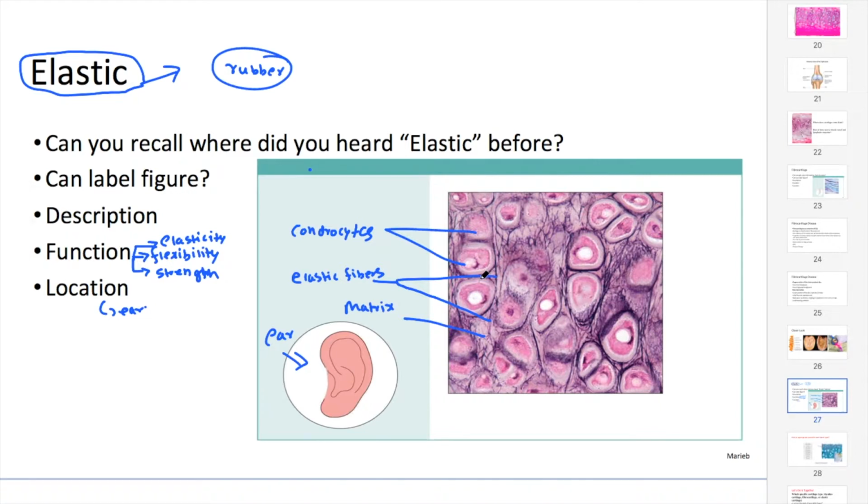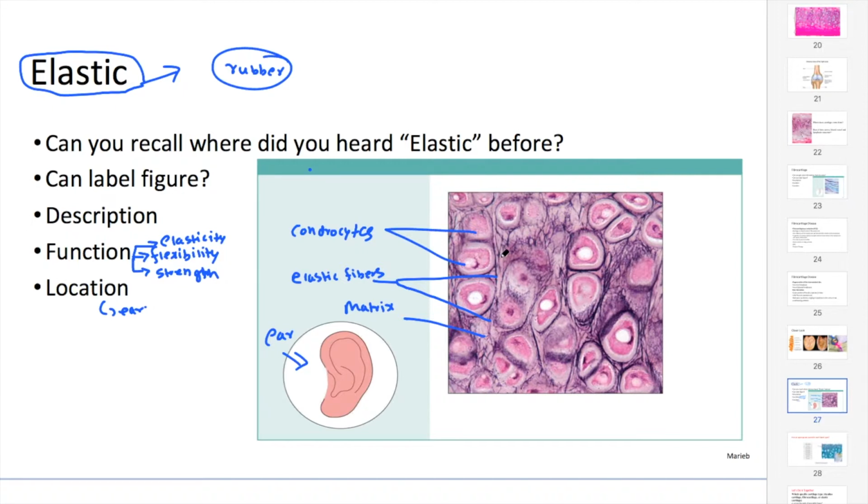Okay, guys, an important idea here is when you're looking at this slide, this elastic cartilage, the stain is usually this black or purplish color. Why is that? This is a very specific type of stain they use to see these elastic fibers. Otherwise they cannot see these elastic fibers.